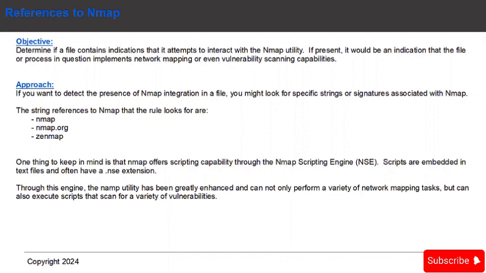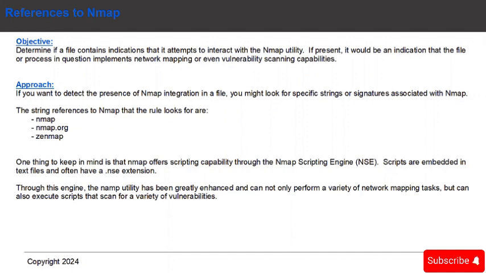It's also important to keep in mind that while a lot of the focus on Nmap is network mapping, there is also a component to the tool called the Nmap scripting engine, the NSE. This is a scripting capability that has been built into the Nmap tool. Scripts are embedded inside a text file, and then they're given the .nse extension.